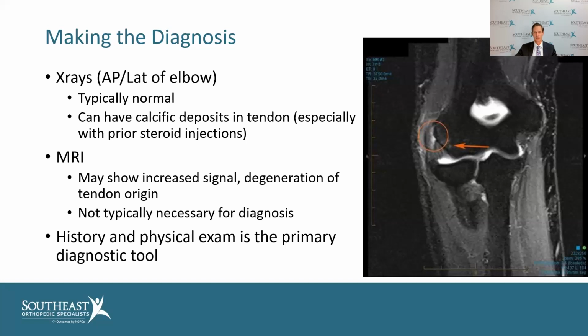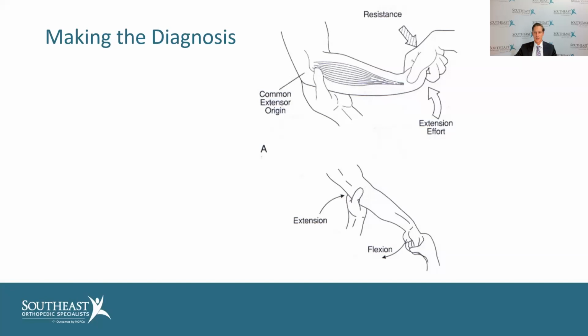And there are some characteristic maneuvers that I do that I think are helpful in making the diagnosis. I'll show this slide, and if you can see in the small video, basically what we do is ask the patient to forcefully extend their wrists and extend their fingers, and they do that against my resistance. So the patient will hold their arm out, palm facing the floor, and I say, all right, don't let me push your fingers down.